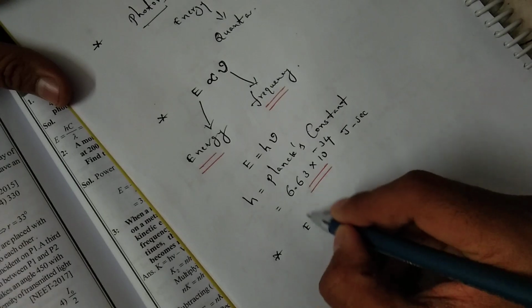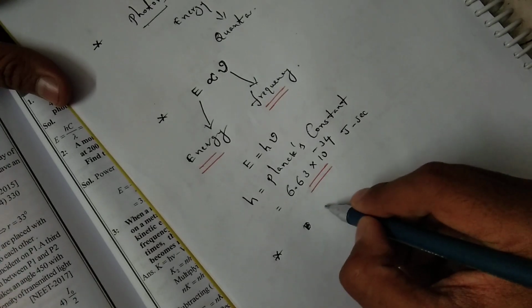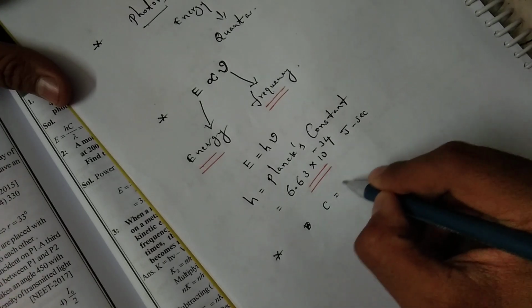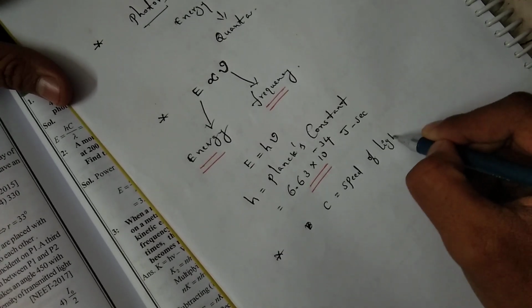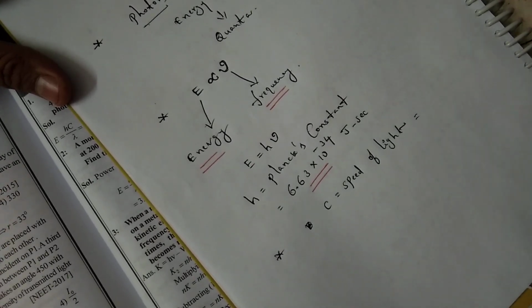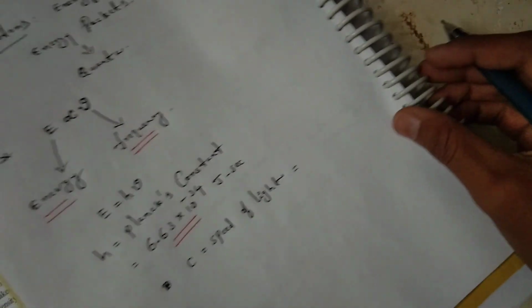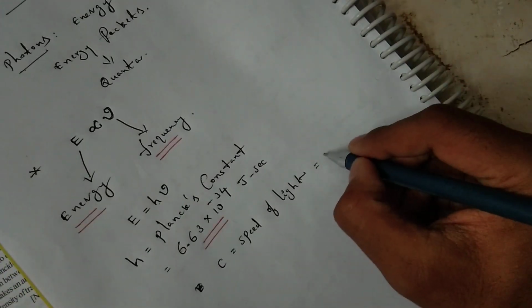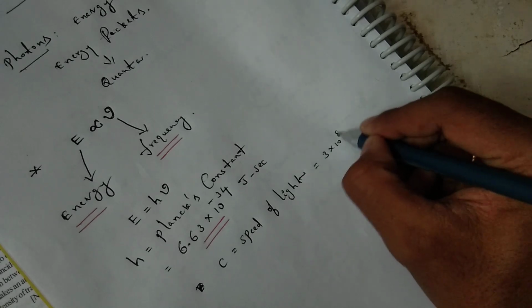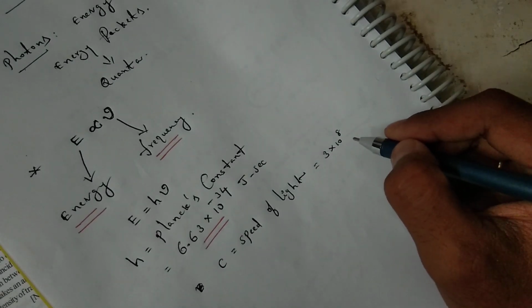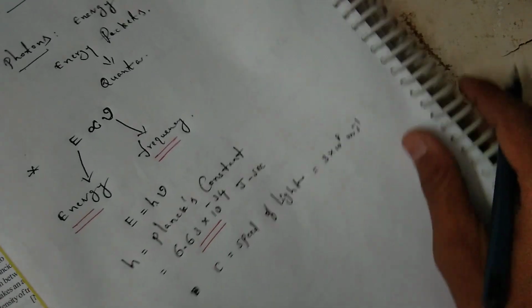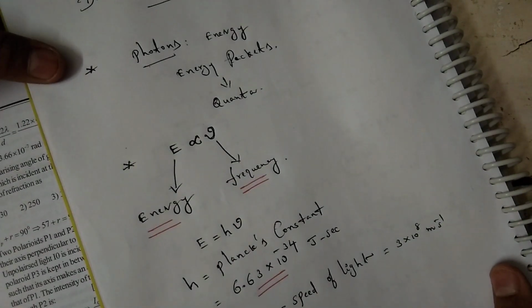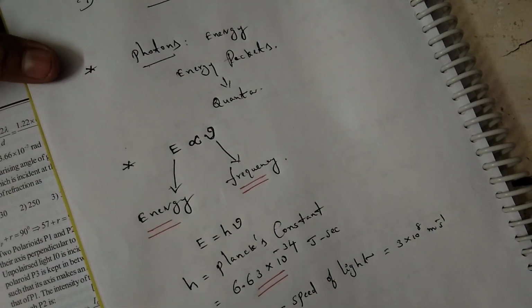E is equal to h nu, and as you know, c is the speed of light. What is the value of that? C is equal to speed of light, 3 into 10 power 8 meter per second.